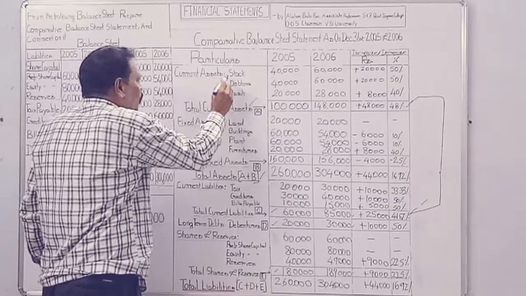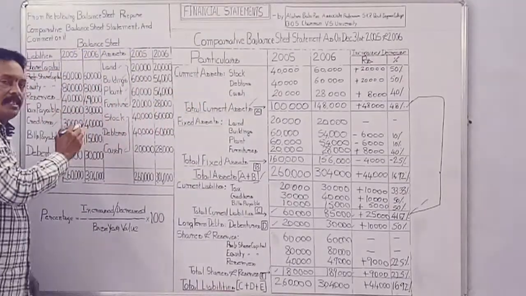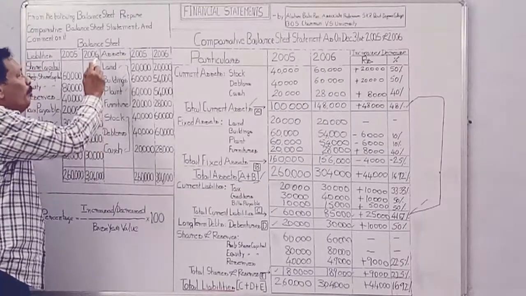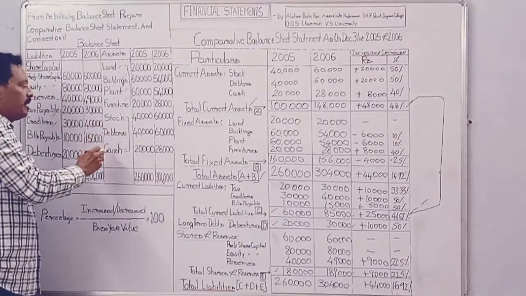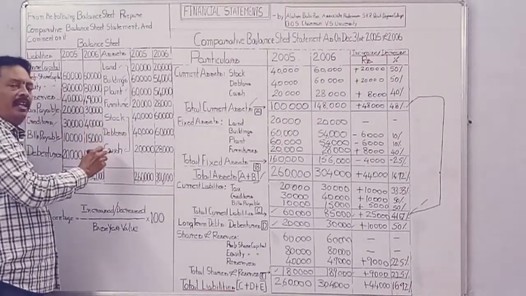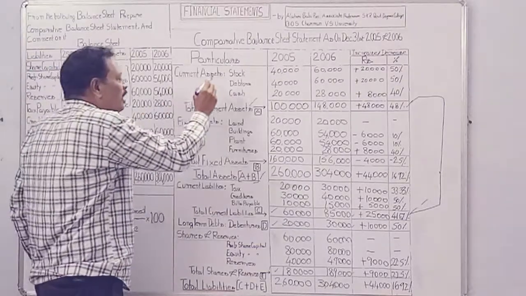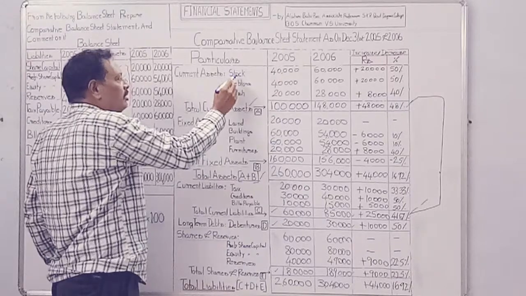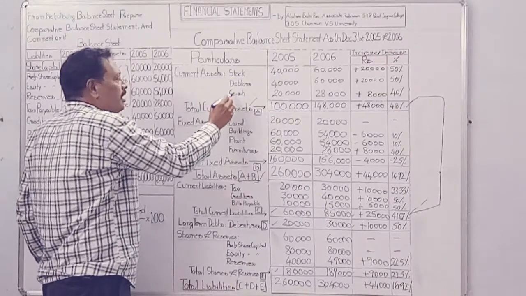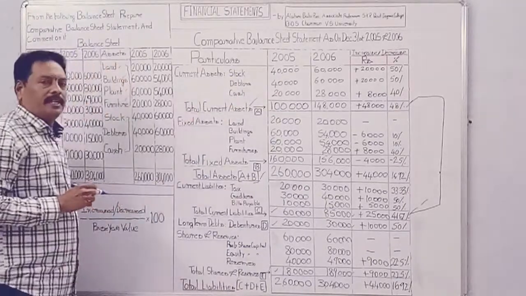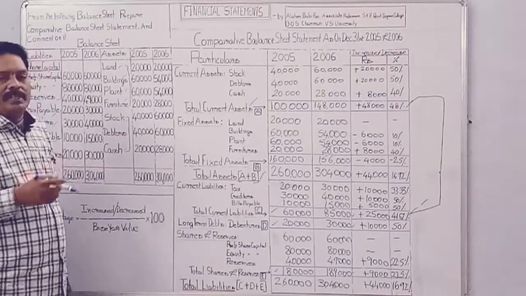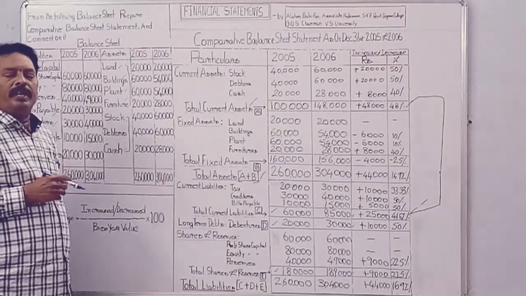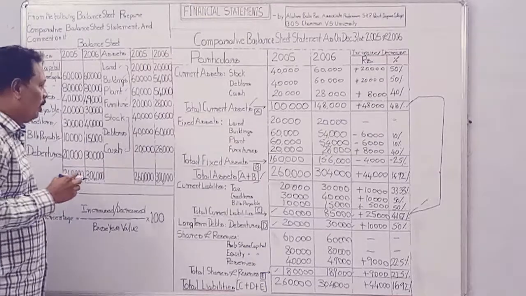What are the current assets given in the balance sheet? Stock, debtors, cash. So these three assets come under the heading current assets. These three assets are current assets, or liquid assets also. We can call them liquid assets also.